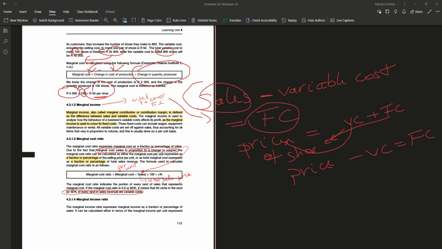So you have marginal cost ratio: you take the marginal cost, you divide by sales, and you multiply by 100. And this is a practical way to look at it. Let's say we're looking at a marginal cost ratio of 60%, or 0.6. It means that 60 cents in a rand of sales revenue is variable cost.